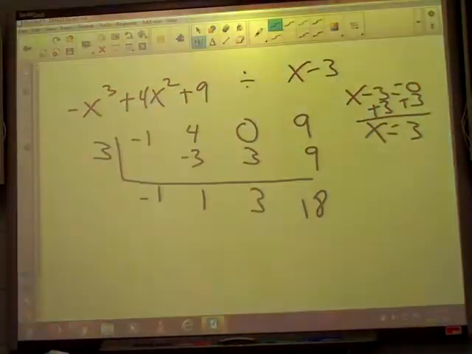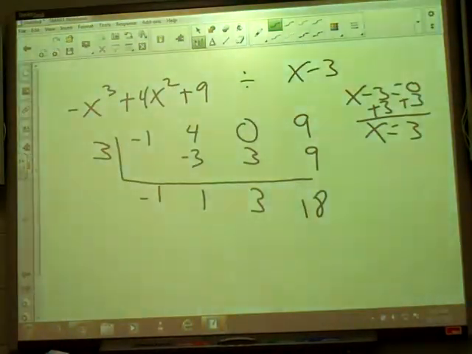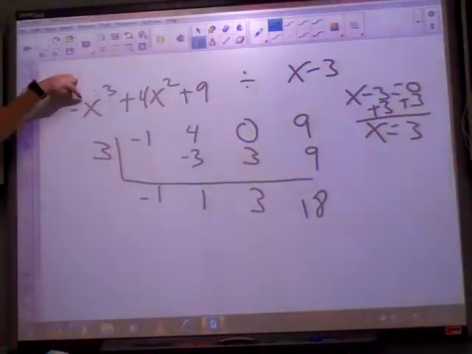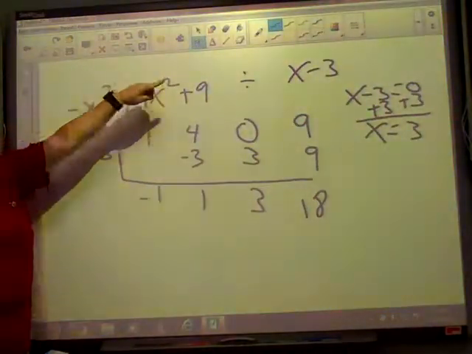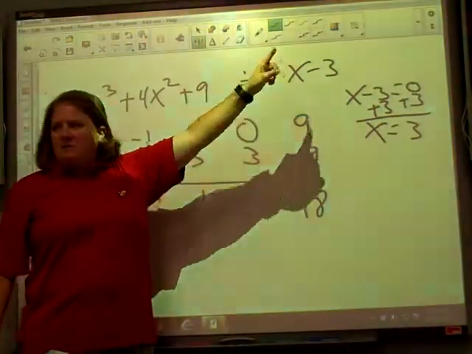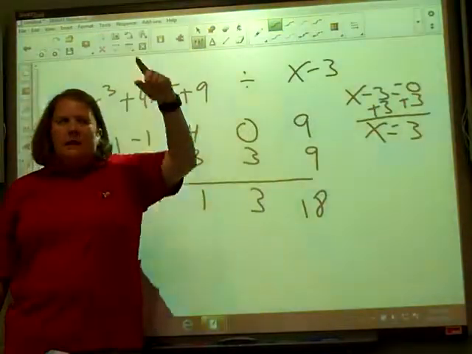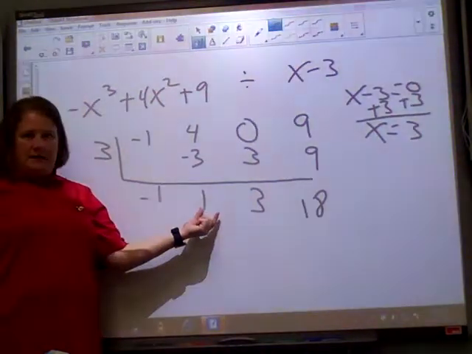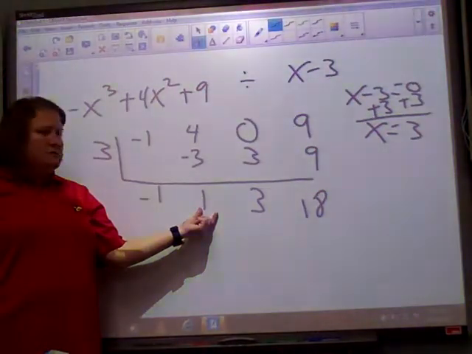Now to write your answer, because that doesn't look like any of the answers we got when we did long division, does it? This started off as a negative x cubed, and we divided it by x. What's x cubed divided by x? X squared. So our first number is x squared. Our second number, they go in descending order, x to the first.